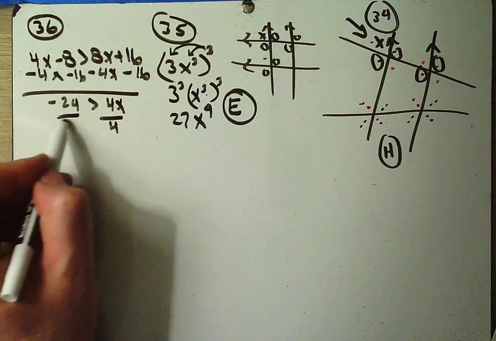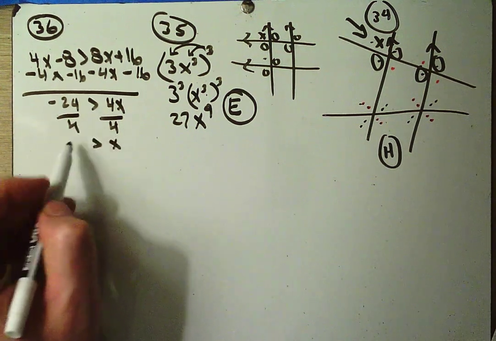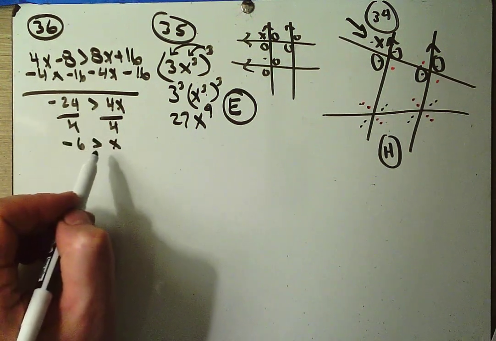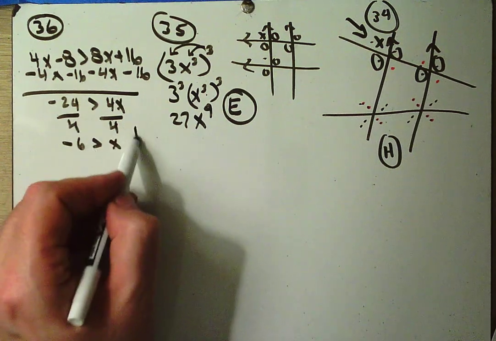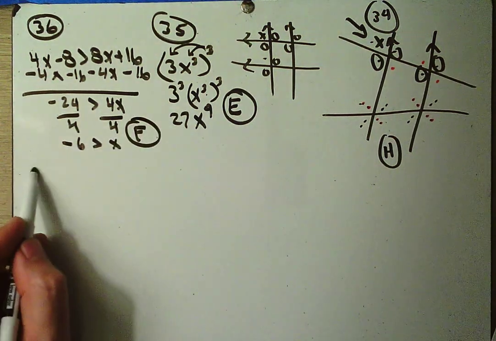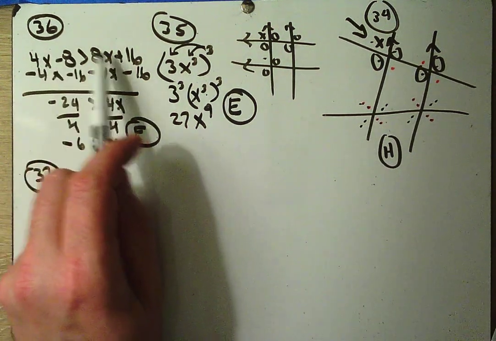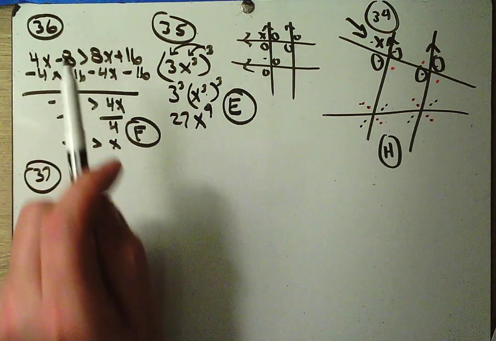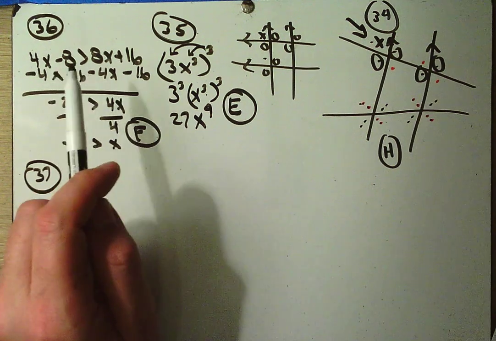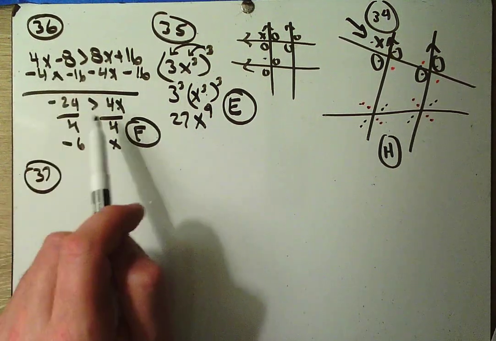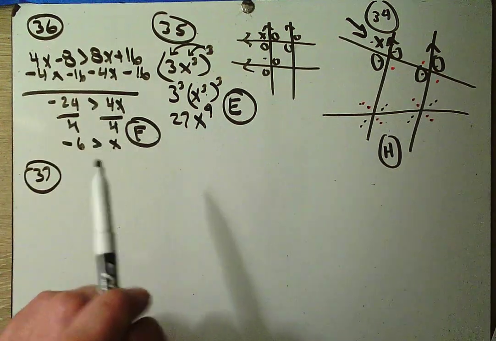And if I divide both sides by 4, I get x is less than negative 6. So my answer is choice F. Oh, by the way, if you move the 8x over here, remember you're going to need to divide both sides by a negative, which means flipping the direction of your inequality.